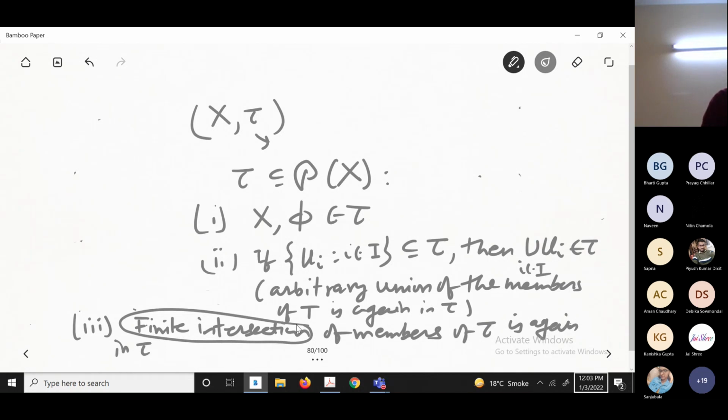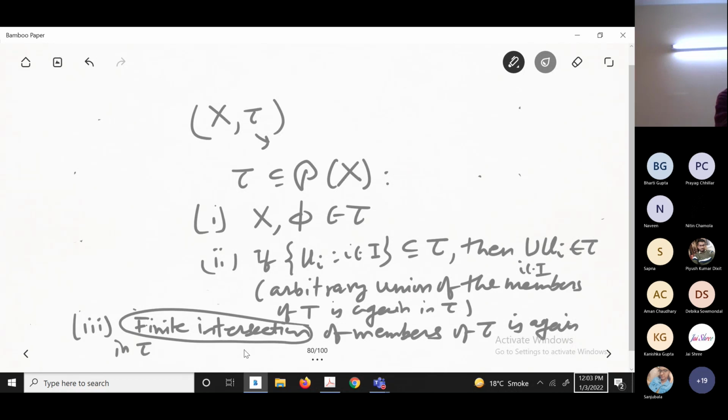Okay. So we have a non-empty set X, and there you have a collection of subsets of X satisfying this: X belongs to tau, phi belongs to tau, arbitrary union of members of tau belongs to tau, and finite intersection.